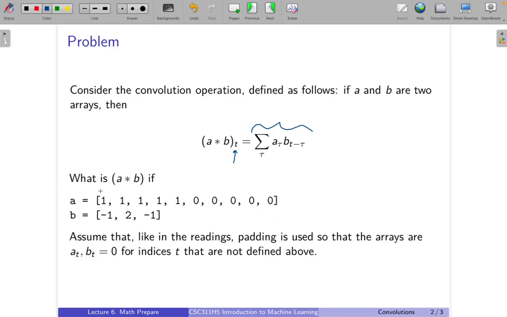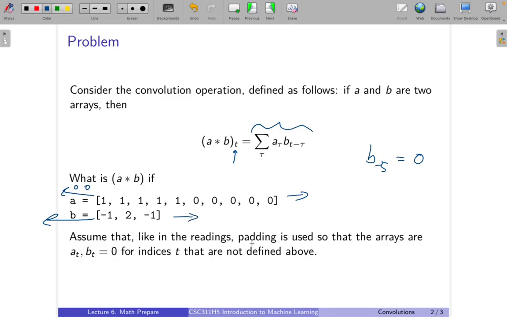So the problem here is, what is A convolved with B when A and B are these arrays? Because these are mathematical objects and this definition is a mathematical definition, we'll also assume that the arrays A and B extend infinitely in either direction, and that if we try to index, let's say, B at -5, that goes beyond the range where B is explicitly defined, then the value of B at that index would just be 0.